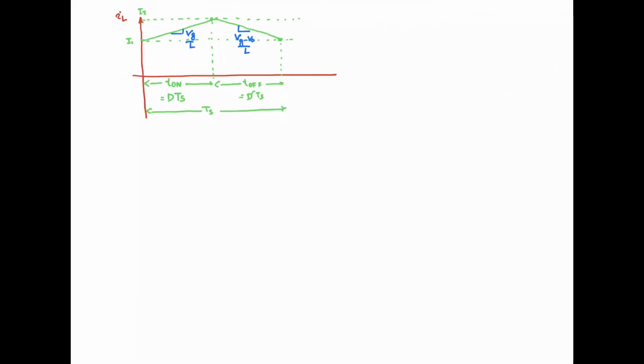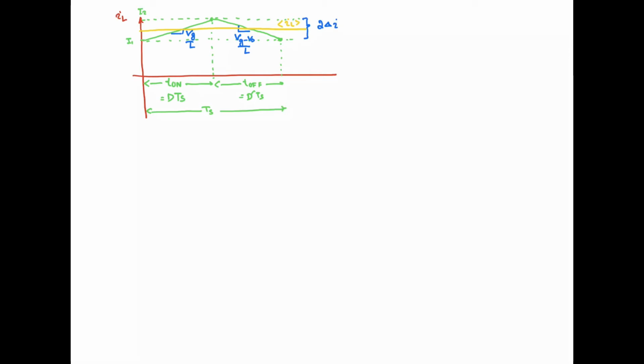So the inductor current waveform that we have seen in the last slide is shown over here. Now let's assume that the variation in the inductor current, that is this one starting from I1 to I2, is equal to 2 delta I. With this we will be working out the ripple in the inductor current. The average value of the inductor current is this one, IL.